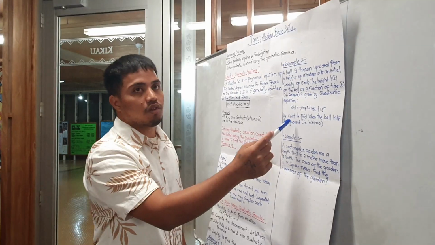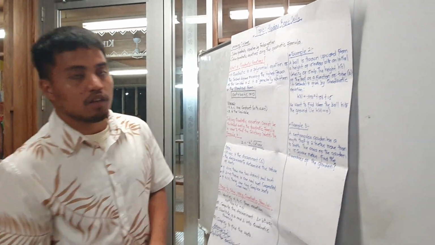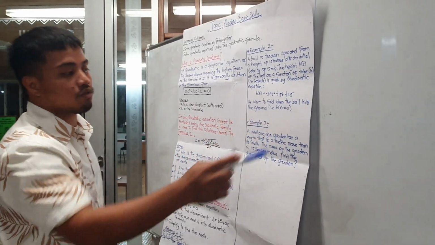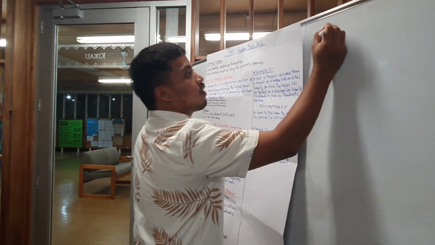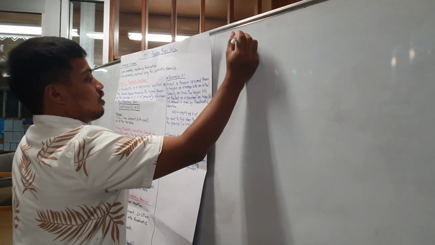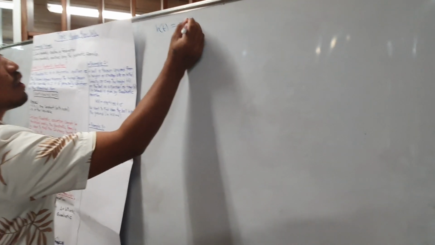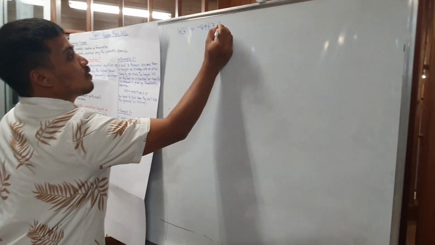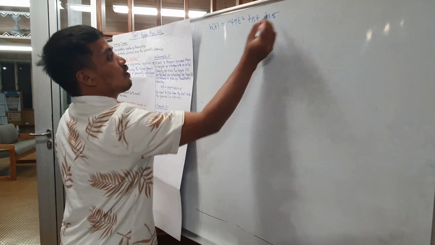Here we want to find when the ball hits the ground, so we let h(t) equal 0.